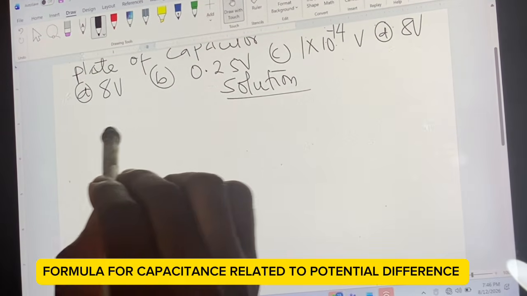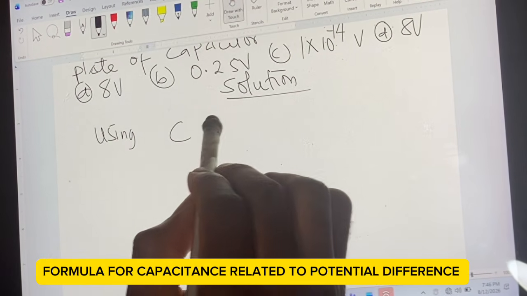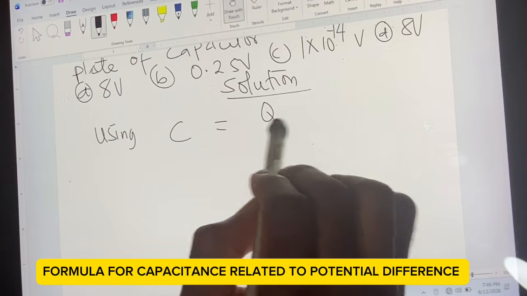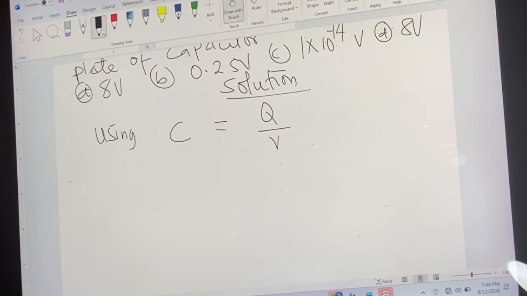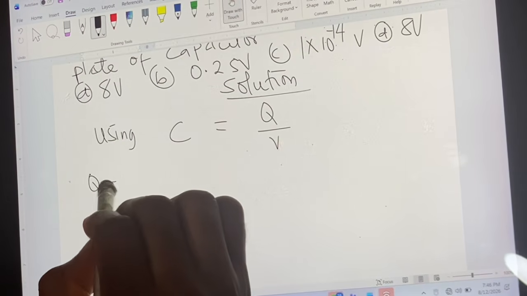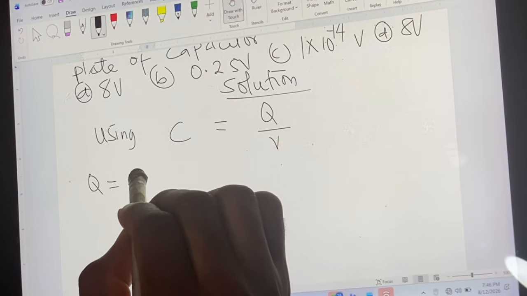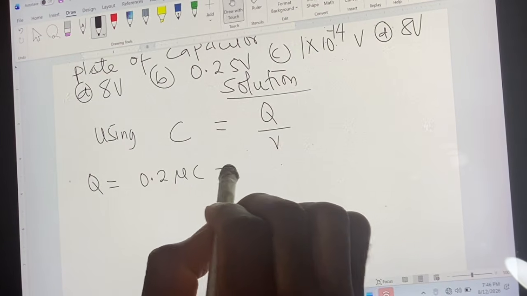We use this formula here, that is C equal to Q over V. All right, now from the question here, the charge is given to us as 0.2 microcoulomb.